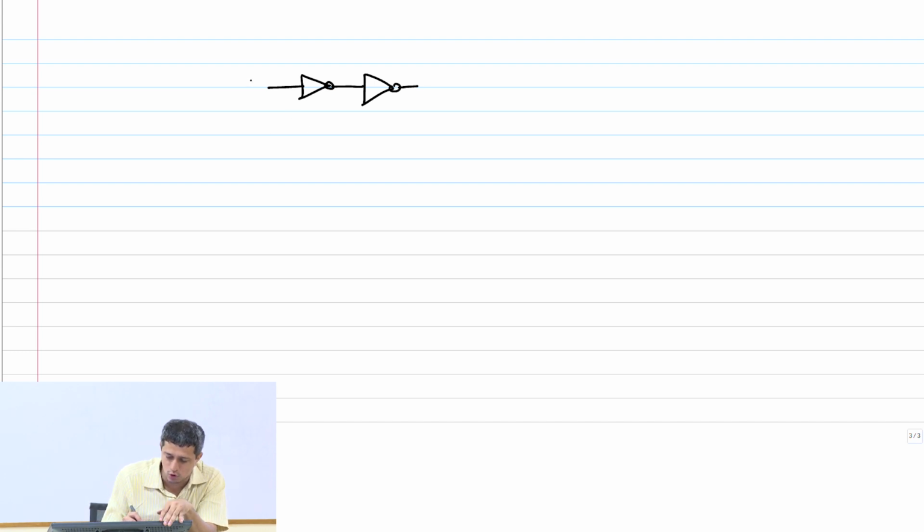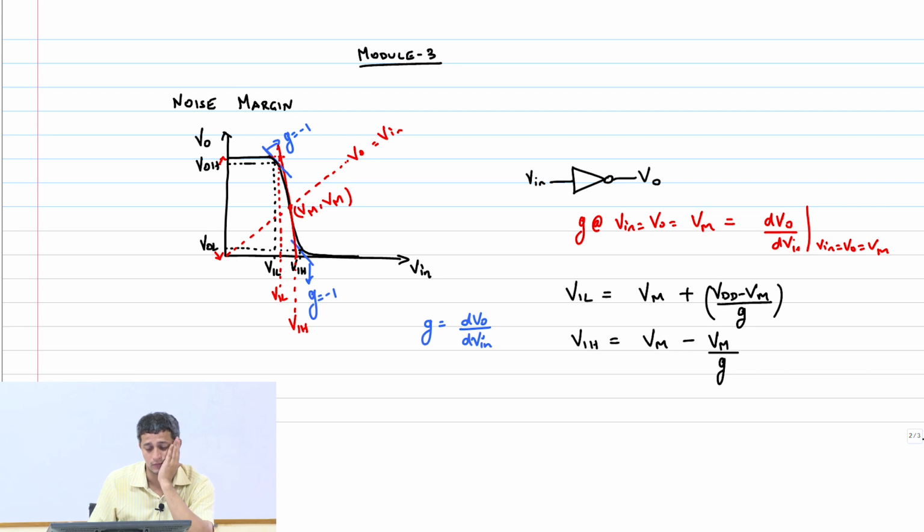So now let's assume in the limiting case that I am applying VIL here. What will be the output of this inverter? Go back to this curve. If the input is VIL, then the corresponding output is VOH. By definition, because that's the y-axis value, right?